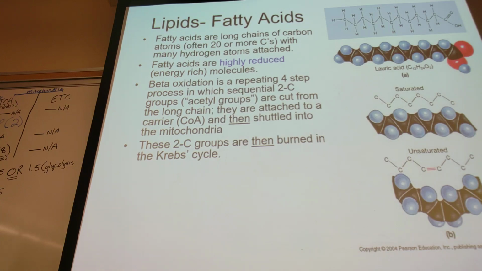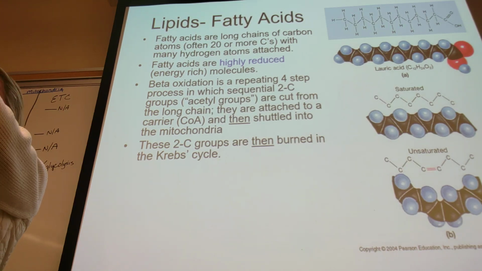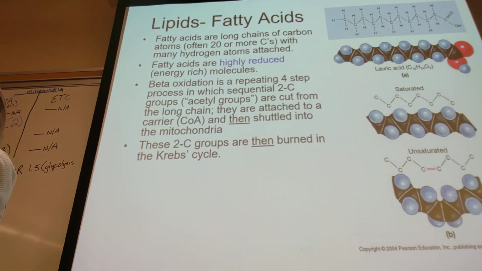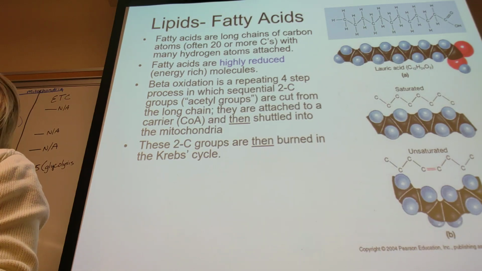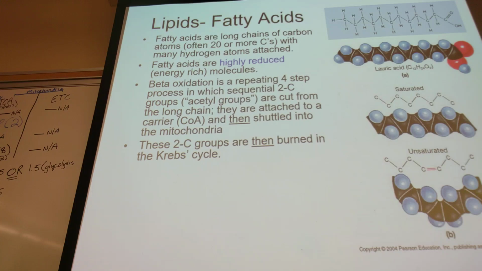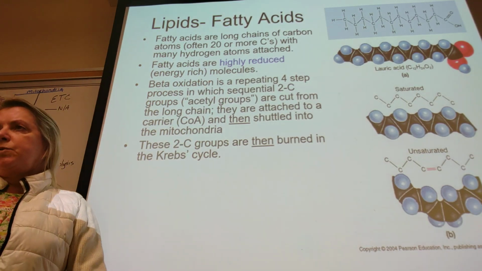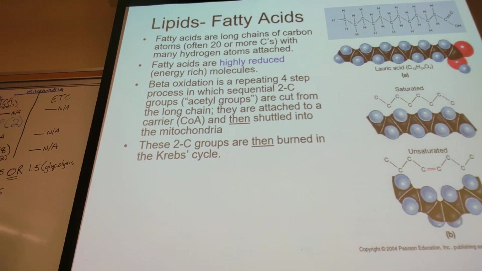Remember when I was doing this? A 2 carbon chain meets up with a 4. That 2 carbon chain was acetyl-CoA. And as we go through the Krebs cycle, 2 carbons are removed and we recreate oxaloacetate. Same thing with burning a fatty acid. 2 carbons at a time, instant acetyl-CoA.